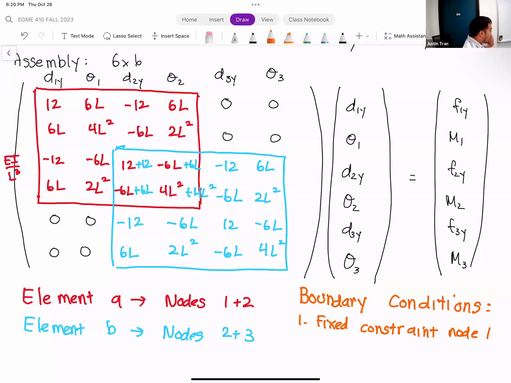Our constraint is that we have a fixed constraint on node 1 and a pin support, or pin constraint, on node 3.